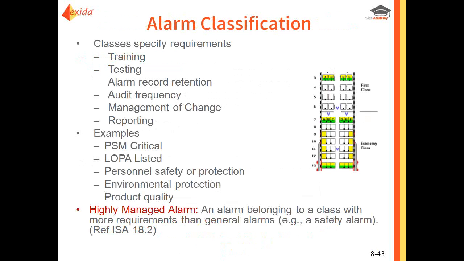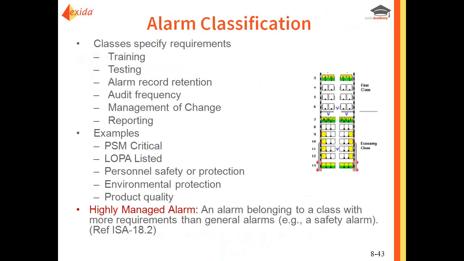So examples of typical classifications are maybe some for personnel safety or process safety, maybe some that help you comply with the OSHA PSM regulation, some for environmental purposes or environmental regulations. So there's a lot of different reasons or different classifications that you can come up with. If it's a very, very important alarm that, for example, would be subject to regulation and audit, then there's a concept defined called highly managed alarm classes.